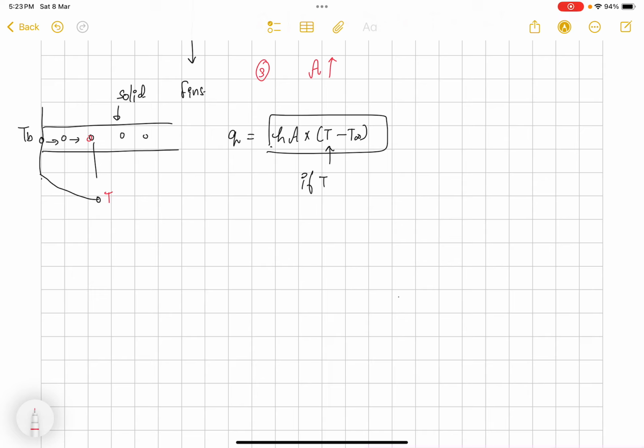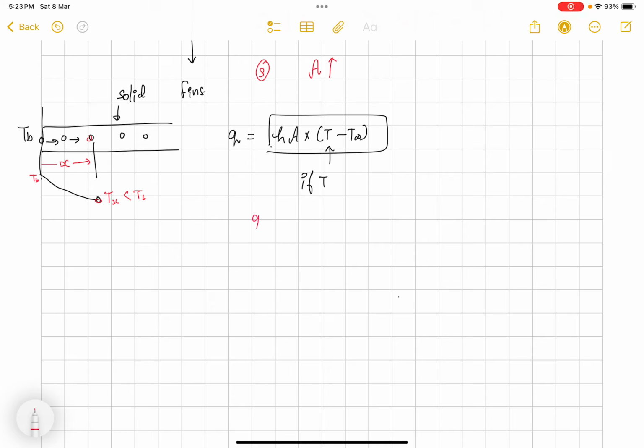Let's say at some x location we have temperature T_x which is less than T_b. So how will this temperature vary?